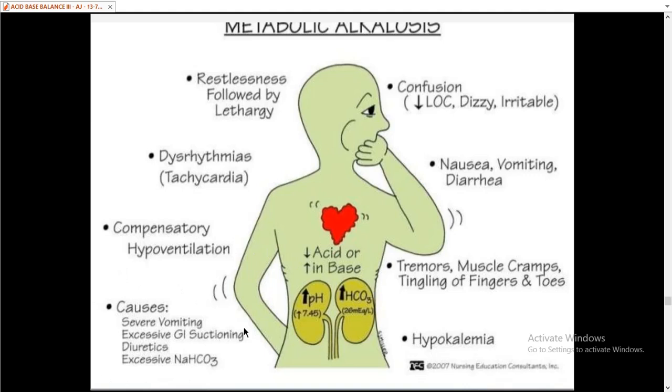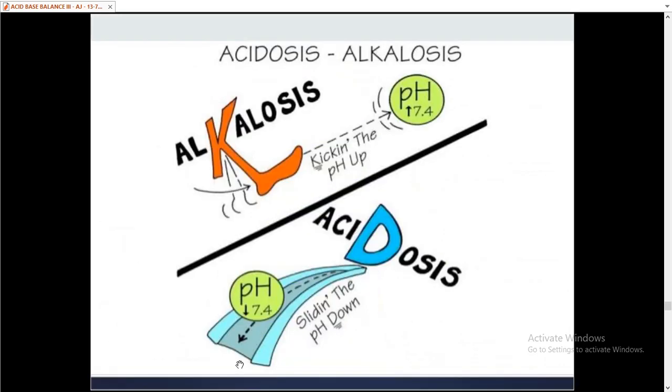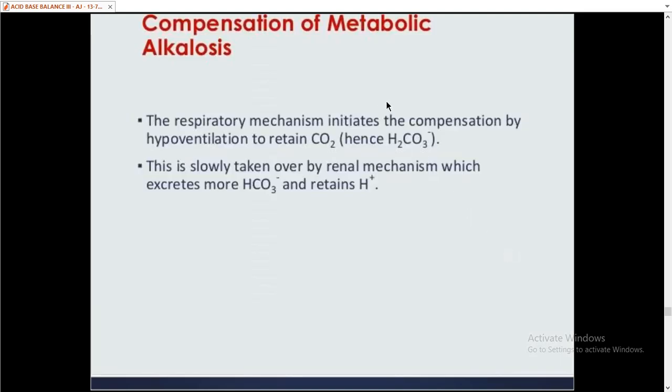And the most common causes of metabolic alkalosis are severe vomiting, excessive GI suction, diuretics, and excessive consumption of sodium bicarbonate. Whenever there is acidosis, the pH slides down. Whenever there is alkalosis, the pH kicks up. So, increased pH leads to alkalosis, decreased pH leads to acidosis.